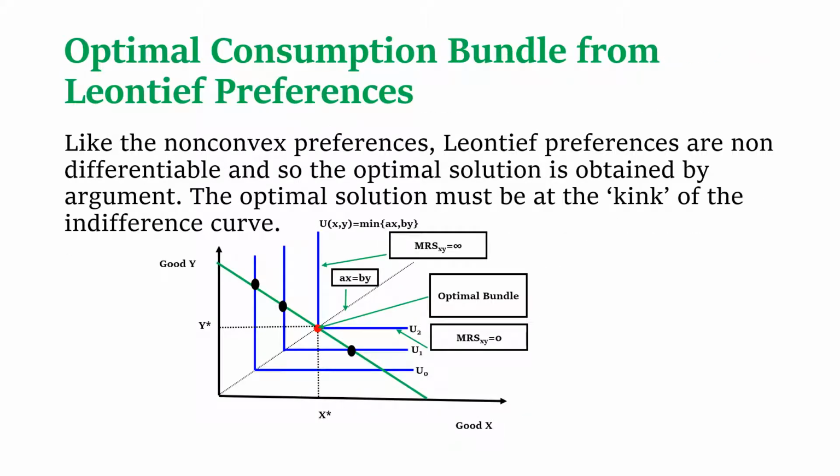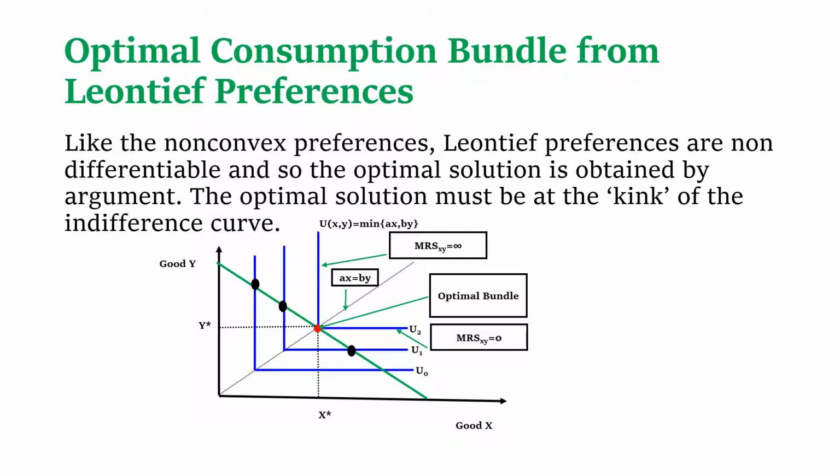Now let's move on to other preferences, the Leontief preferences, and the optimal consumption bundle from Leontief preferences. Leontief preferences have fixed proportion indifference curves. That is to say, the consumer spends a fixed amount on the two commodities, and he cannot buy one without the other.